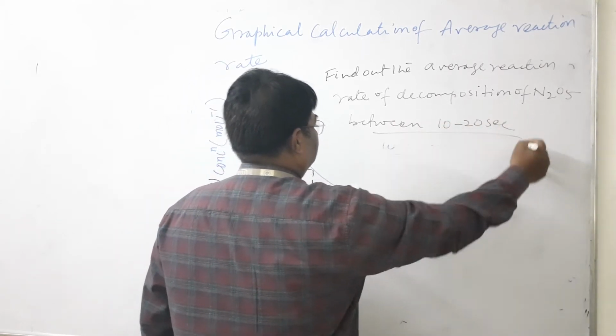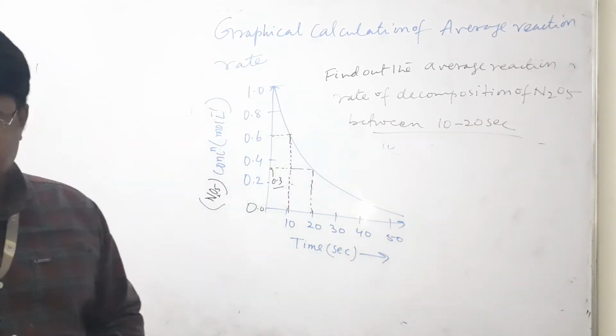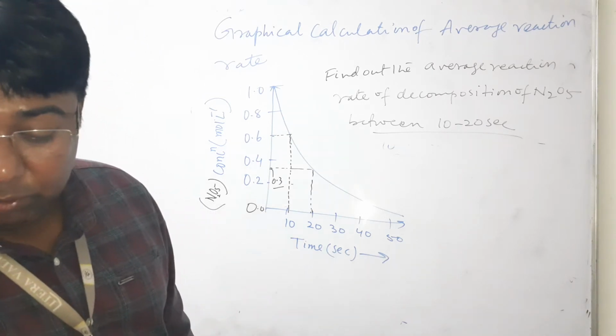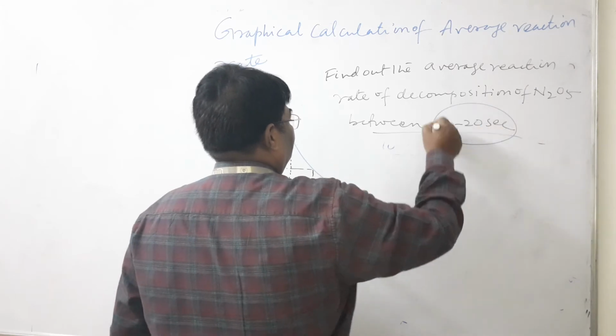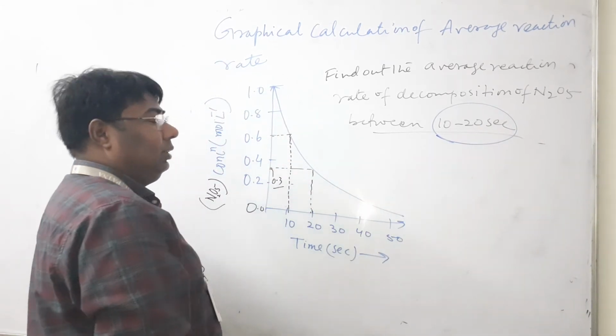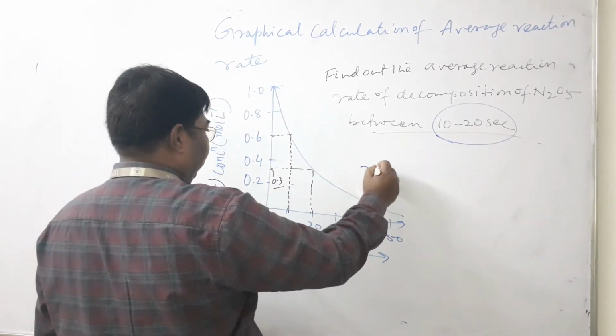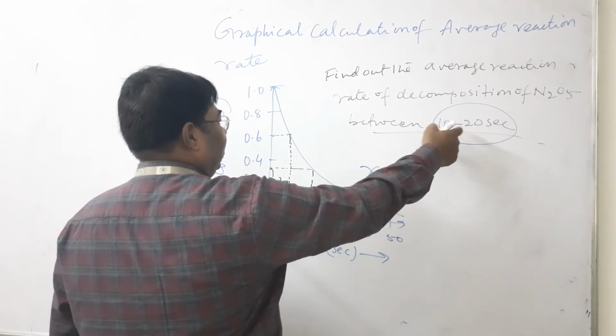Suppose this is the question and the graph is already given. So in this case, how would you find out the value? In this question, you want to find out the average reaction rate, r_av, between 10 to 20 seconds.